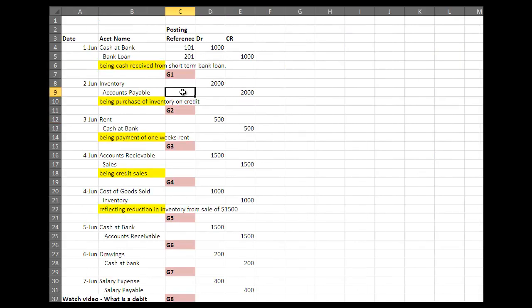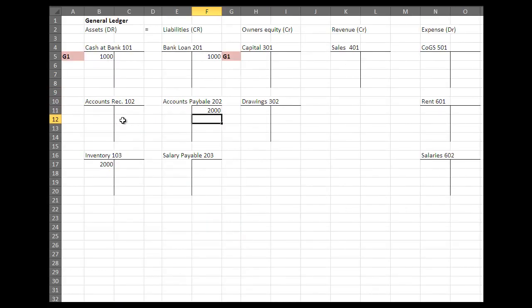So we write 103 in there, it tells us it's been posted to account 103, and we write in here 202, tells us it's been posted to account 202, and the journal reference is G2. Now again, you'll notice the accounting equation stays in balance. Well, look, the assets are 3,000 equals liabilities 3,000.